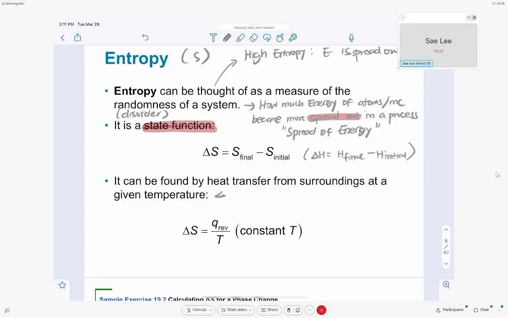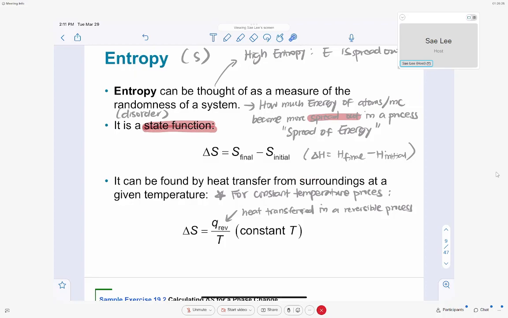Okay, so for a constant temperature process, the change in entropy can also be found from heat transferred in, I'm going to write this down, a reversible process divided by the constant temperature. We're dealing with a constant temperature process.